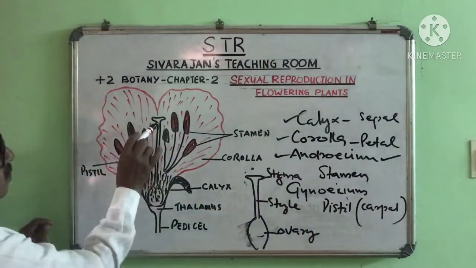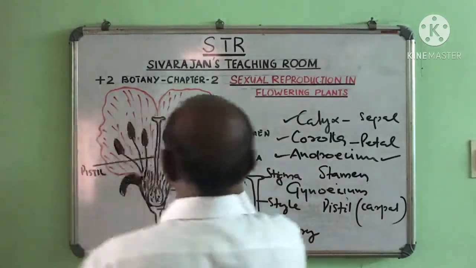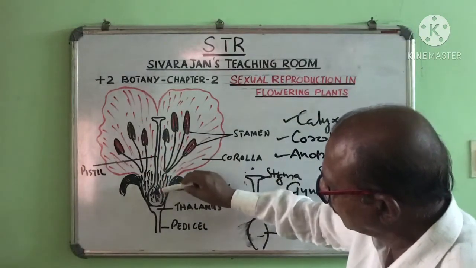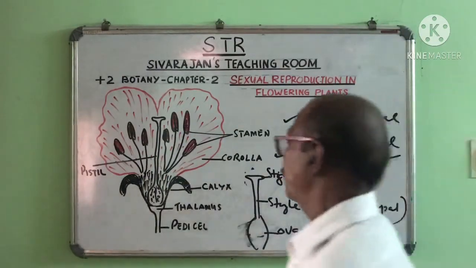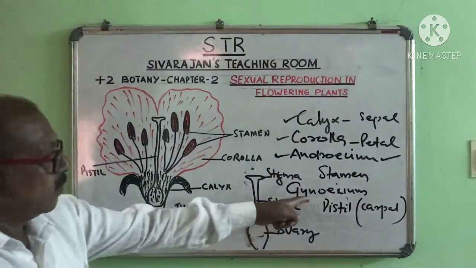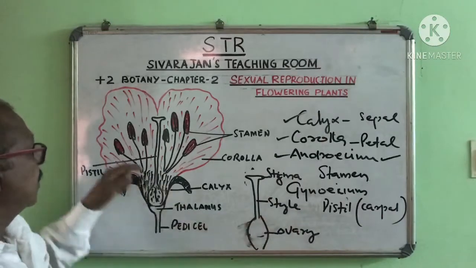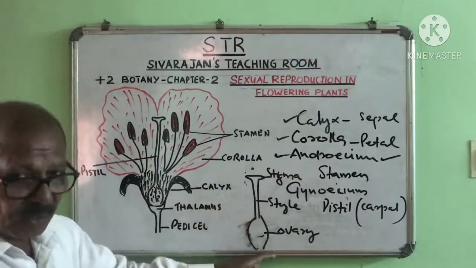So this is the stigma. See, this is the stigma, this is the style, and this is the swollen ovary. So the pistil or gynoecium or carpel is the female reproductive part in the flower. It has 3 parts: the stigma, style, and ovary.